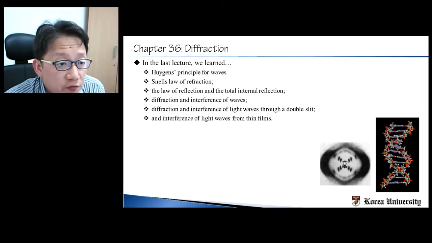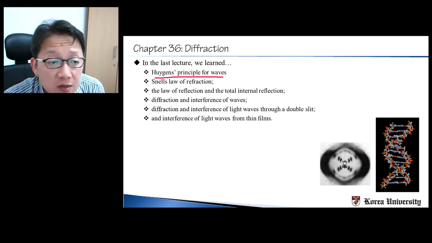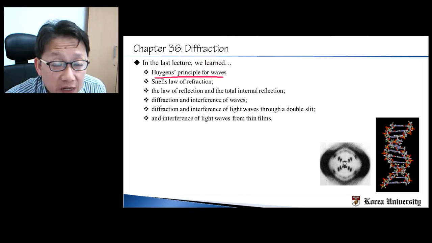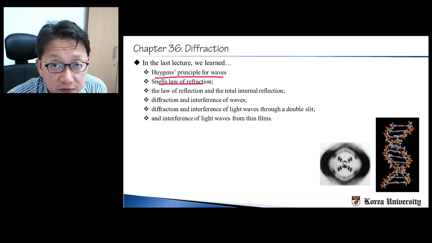Let's make a review first. In the last chapter, we learned quite a few things. We first learned the Huygens principle for waves. This Huygens principle was applied not just for light waves, but it is good for any waves. It's a very general phenomenon. Using this Huygens principle, we learned Snell's law of refraction, in which the angle of refraction was directly related to the index of refraction.